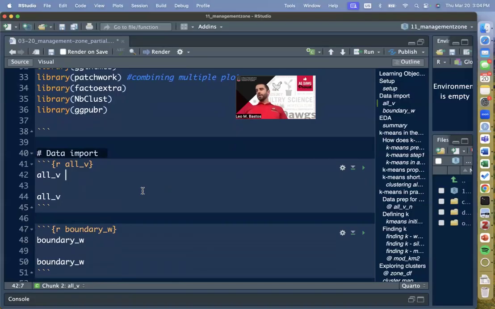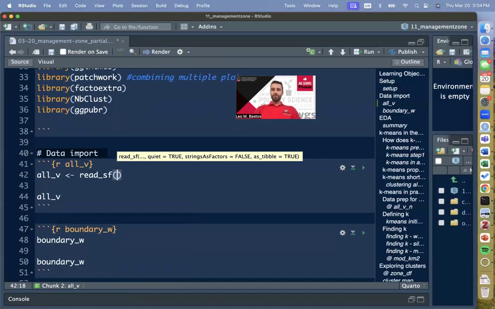The next step is for us to import the data that we created in the previous project, right? So that all_v.geojson object that we created. We're going to use read_sf because that was a GeoJSON file.